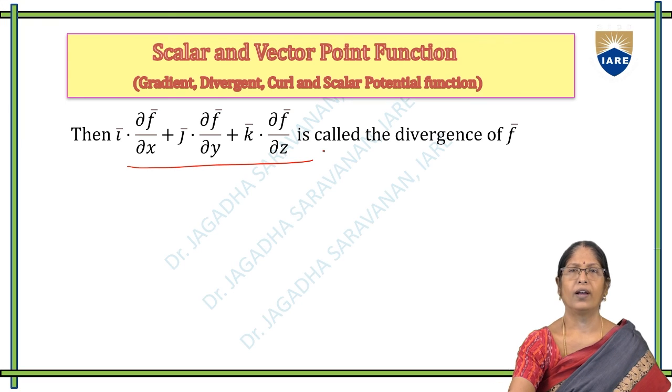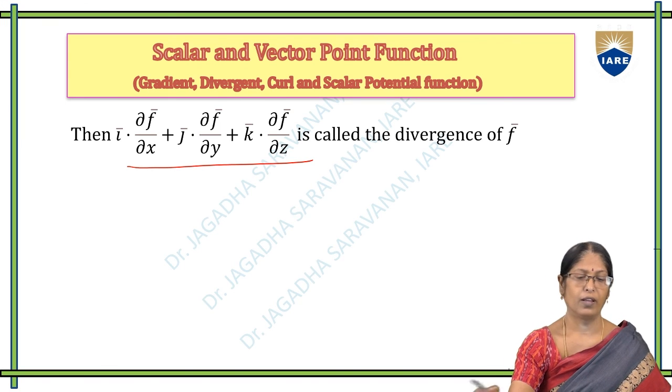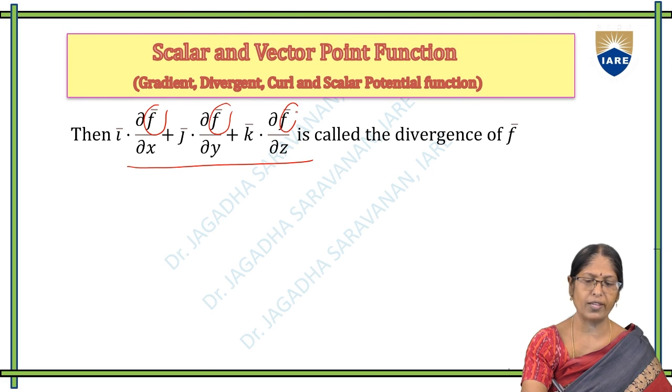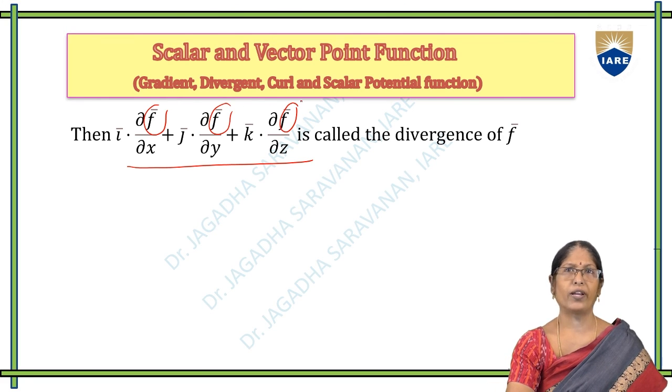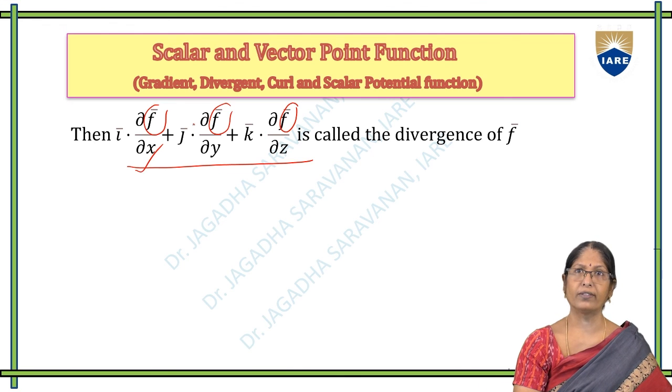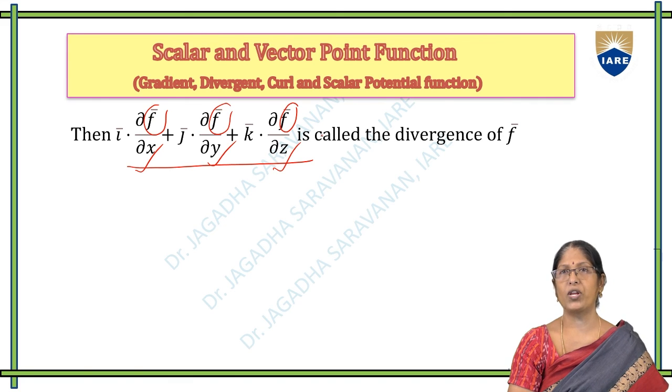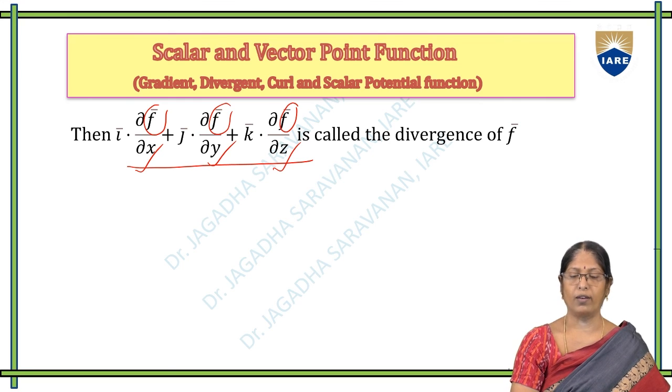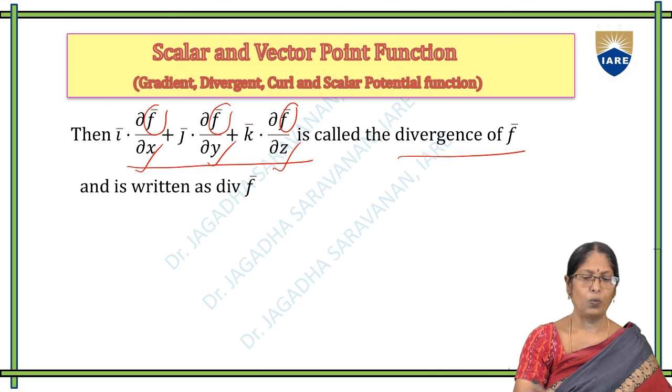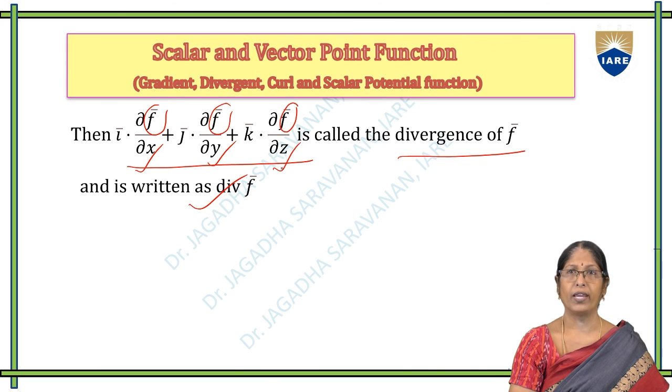Then we take i dot ∂f/∂x, j dot ∂f/∂y and k dot ∂f/∂z, that is, our f bar is the vector function and we differentiate it partially with respect to x, y and z and take the dot product with our mutually perpendicular vectors i, j, k. This is called the divergence of our vector function f, which in simplified form can be written as div f vector.